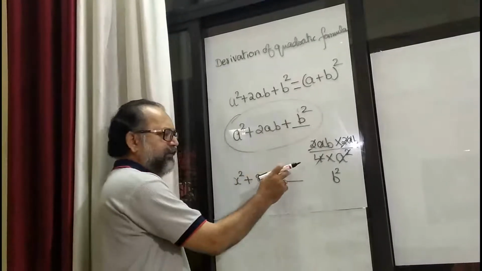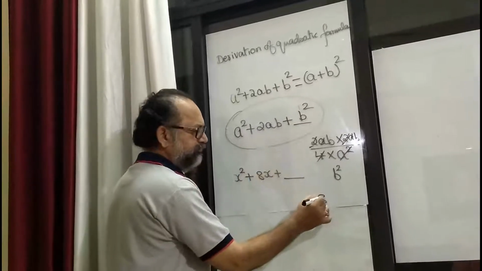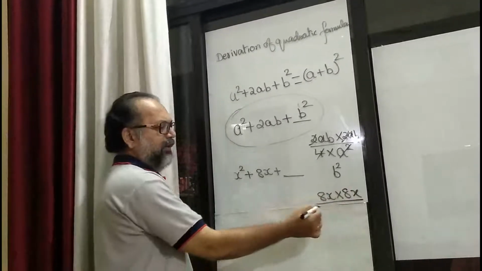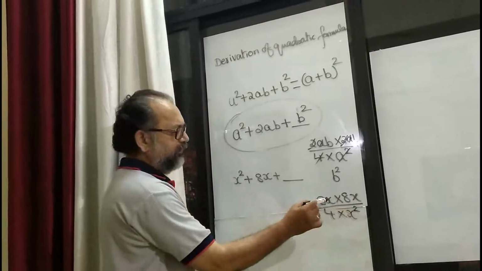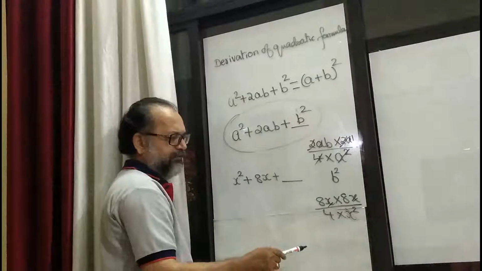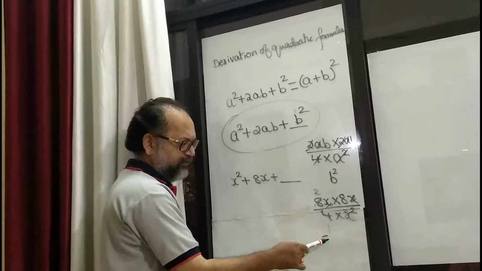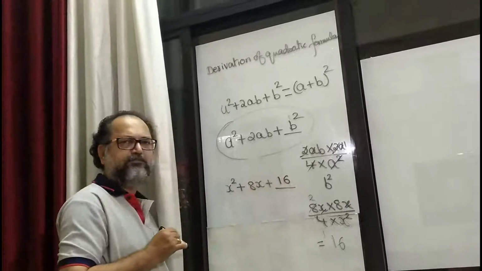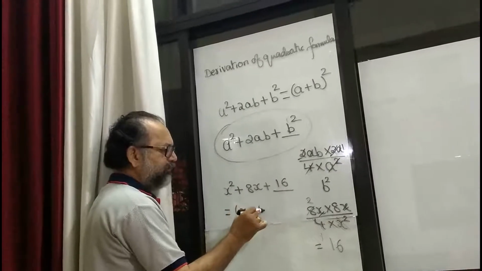The method of finding that third term is that the middle term multiplied with itself is divided by 4 times the first term. And we know this x will get cancelled with this x square, and 4 1s are 4, 4 2s are 8, and 2 8s are 16. So if we add 16 here, this is a perfect square, and it is a perfect square of x plus 4.